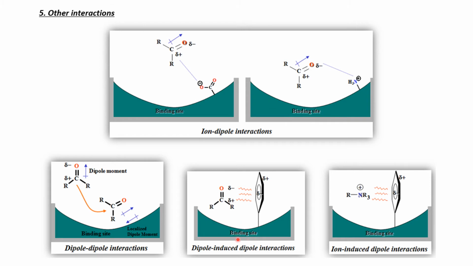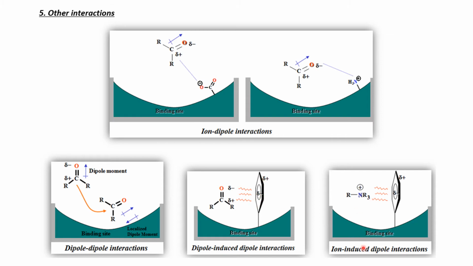The third example here is for the induced dipole interactions. If you have a dipole or a polar molecule here as a drug, and you have a hydrophobic region like the benzene ring here as part of the binding site, then this dipole molecule can induce the hydrophobic region here and cause partial positive and partial negative.